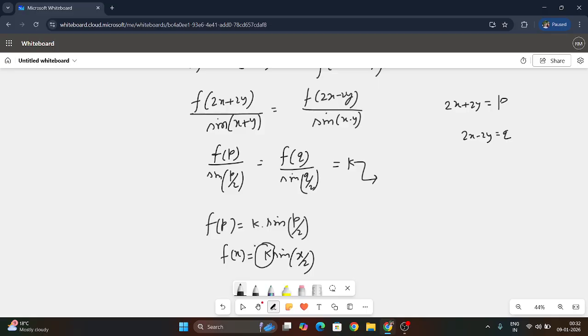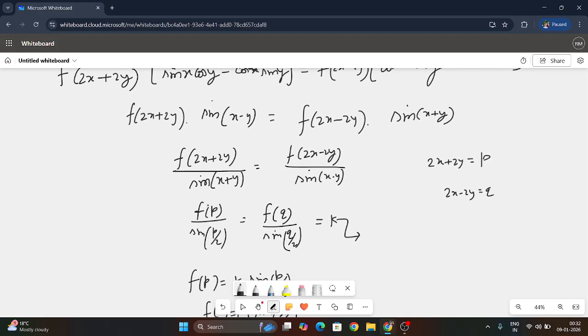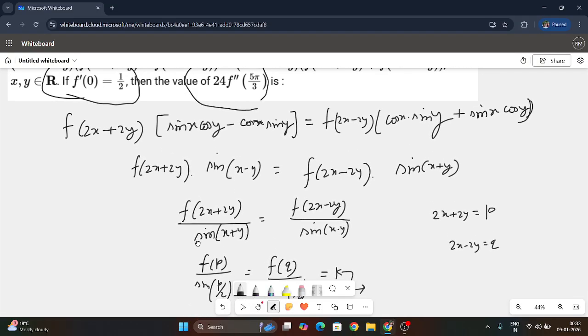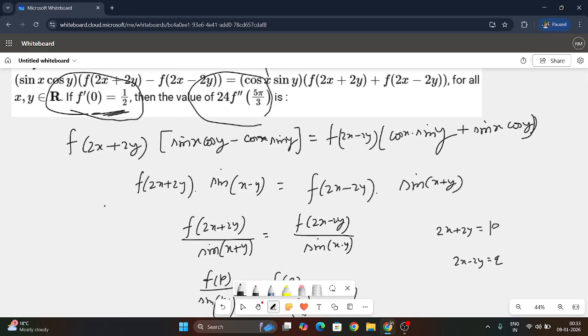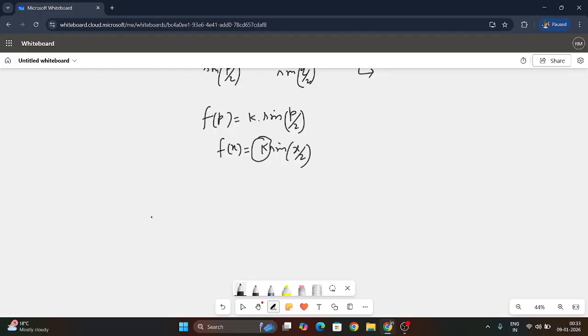Now what is this k? K is a constant, but we don't know what it is, and for that the condition is given. We can use that condition to find the value of k. It is given that f dash 0 is equal to 1 by 2. Applying this, f dash 0 is equal to k cos x by 2 times 1 by 2, that is 2, and that is 1 by 2.